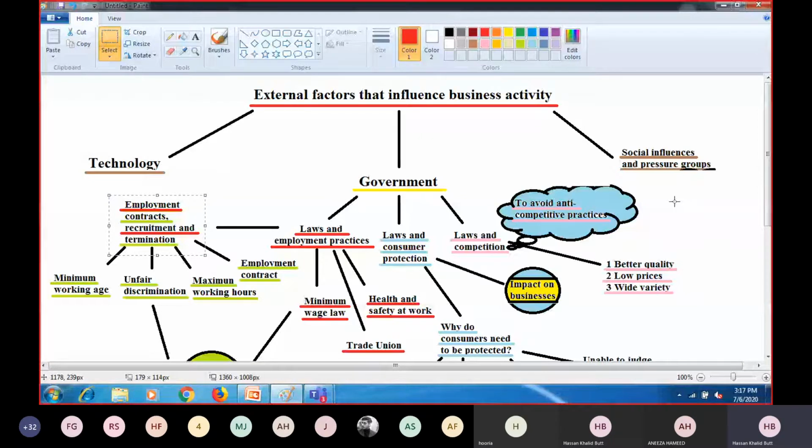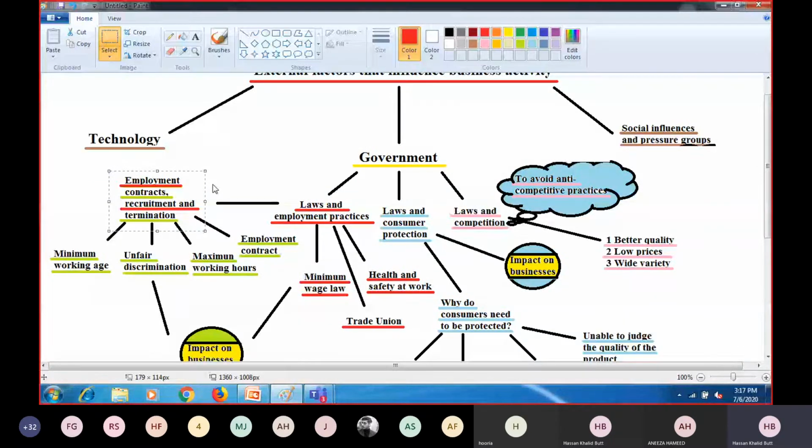Now, getting back to government laws. First of all, government makes laws for employment contracts, recruitment, and termination. Let's talk about employment contracts first. Do you know what an employment contract is? Zahra, can you explain?